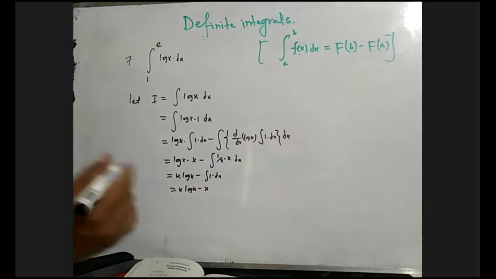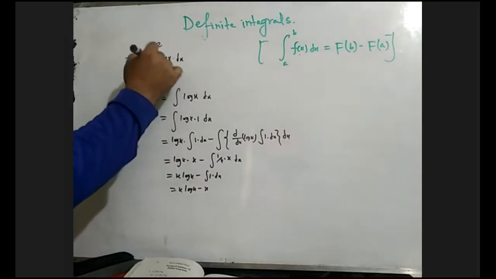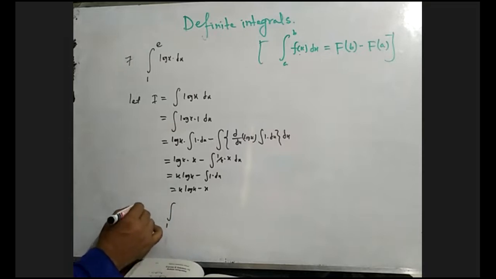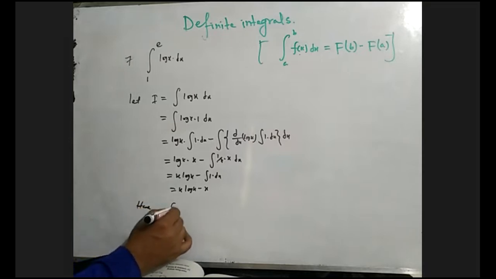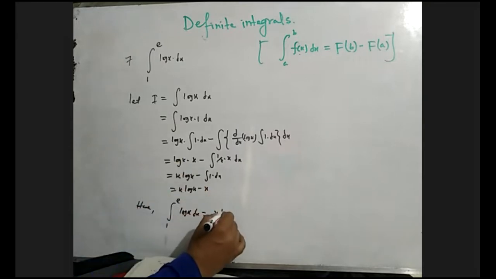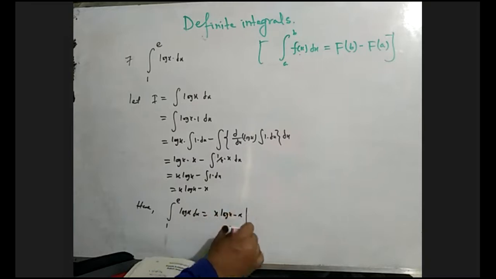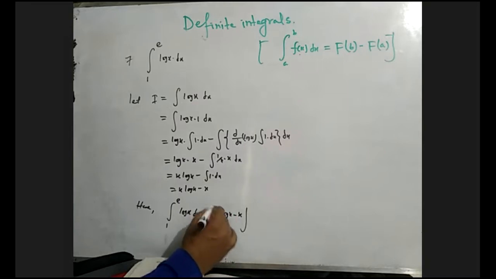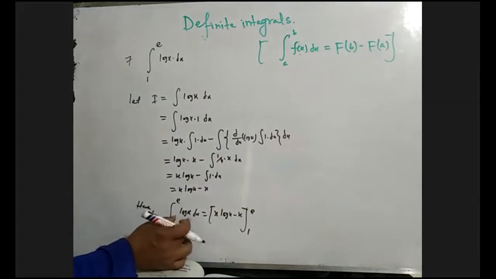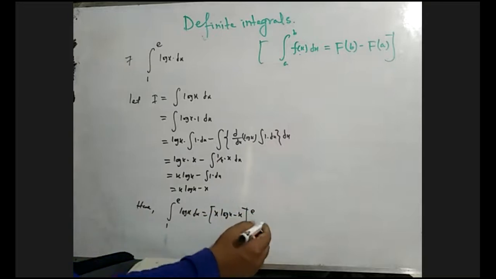So we get the integration of this, which can be written as the integral from 1 to e of log x dx equals x log x minus x, within the bracket, limit 1 to e. Because this is the integration of this.